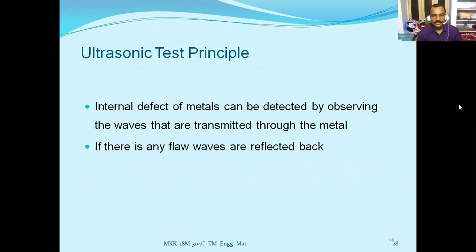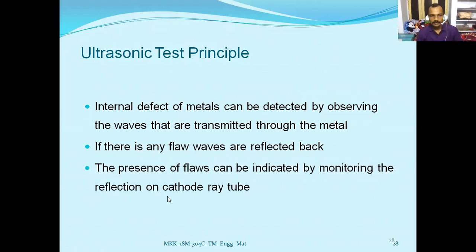Internal defects of materials or metals can be detected by observing the waves transmitted into the metal. How do we observe the waves? Whenever the waves are passed through the metal, if any flaws are available, the waves will be reflected back, and those are observed on a cathode ray tube (CRT) display.